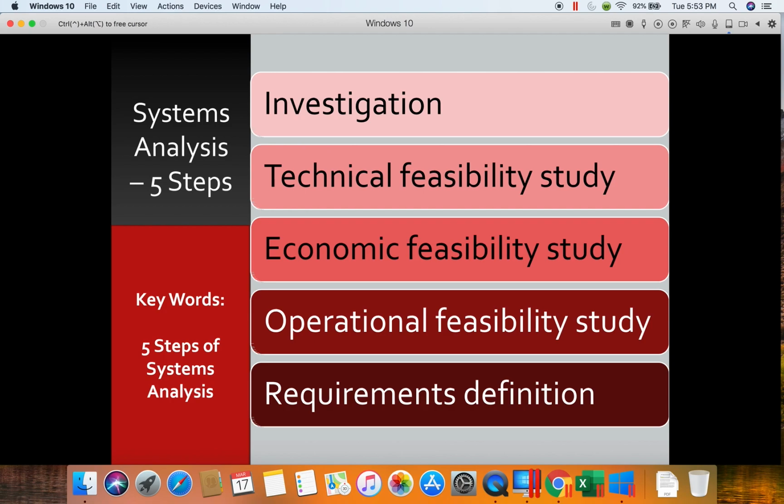Then once we figure out what's available for us to use, we're going to then move into feasibility studies. So all 3 of these middle processes are feasibility studies. We look at technological aspects of it, economic as well as operational. And then the last thing we develop is a list of requirements or things that the system must be able to do in order to be useful for our company.